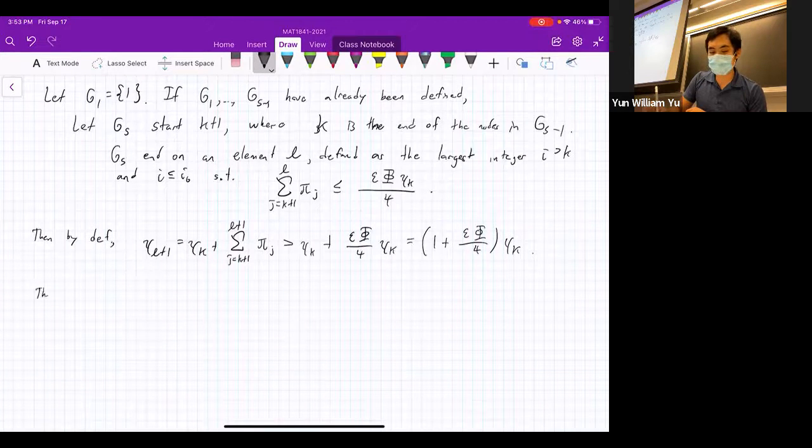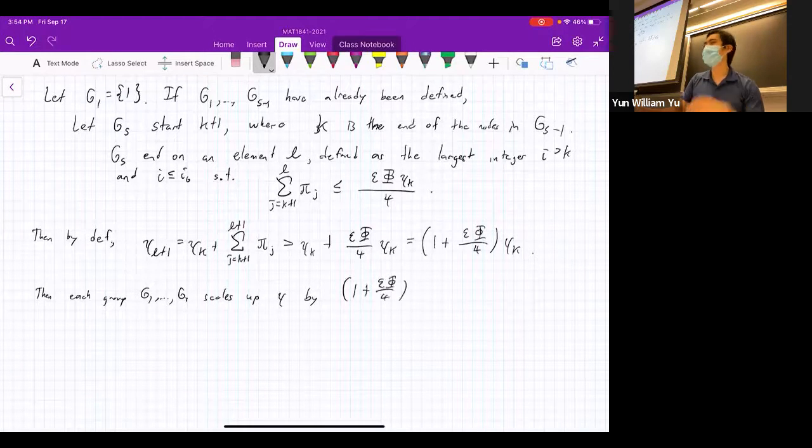So then each group, g 1 through g R, scales up gamma by this factor of 1 plus epsilon phi over 4, where we're viewing gamma as a function with respect to the indices. And of course, we know that gamma 1 is equal to pi 1.